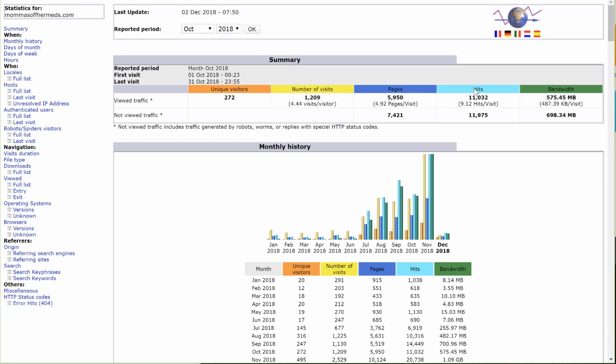Now, what that means is on each page you have downloads, you have images, you might have documents, every time that page loads, each one of those assets is a hit. So one page could, if you've got a gallery on there, you could have 6 or 7 hits just from that one page. So that's what that means. Bandwidth is, in non-technical terms, a measure of the effort for that page to load over the server.